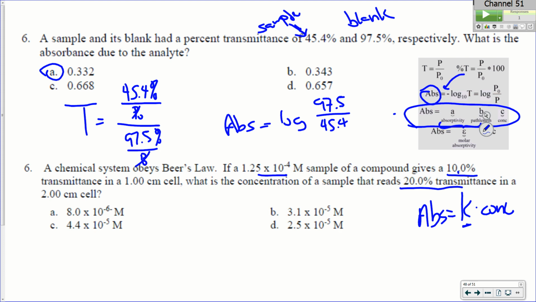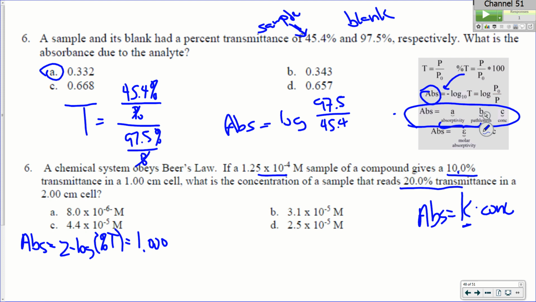So what I'm going to do is find out what the absorbance is for the 10%. So absorbance is equal to 2 minus the log percent T. If I throw that in my calculator, 2 minus 10% log, it's going to be exactly 1 for my absorbance.